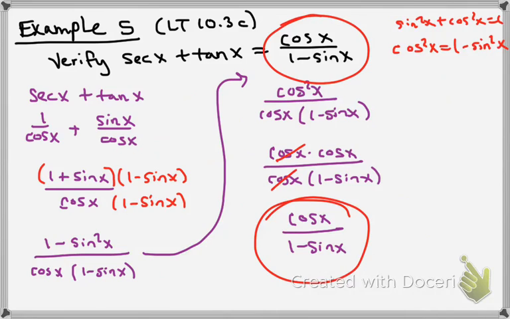All these problems are a little bit different, so it's impossible for me to do every single type of verify problem, but it's just a matter of trying them, changing things to sines and cosines, multiplying by conjugates, getting common denominators, those types of things. Just try something, and eventually, it may take you a page to get to the right place, but at least you're trying something, and at least you're getting there. So just try something, and then I know you'll be successful.